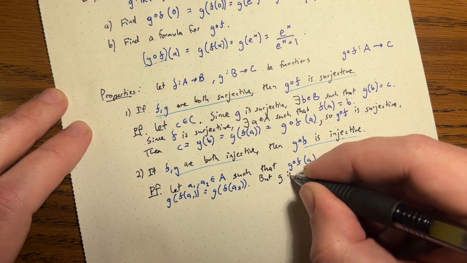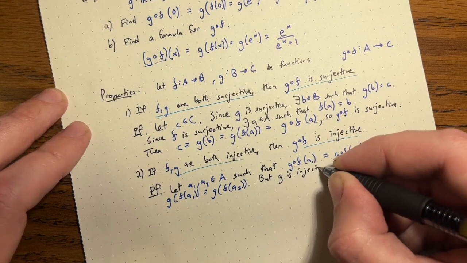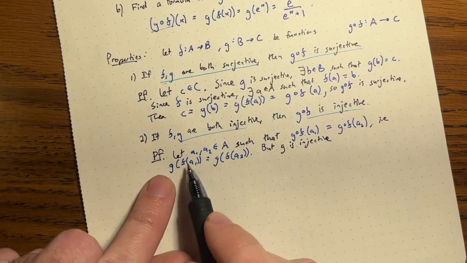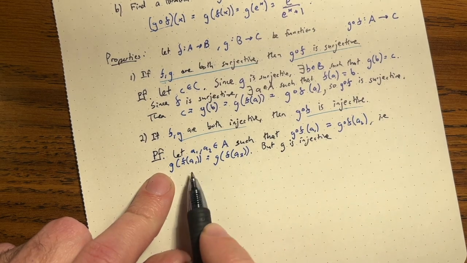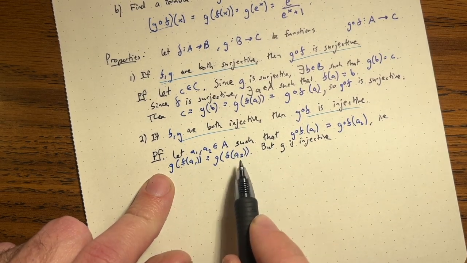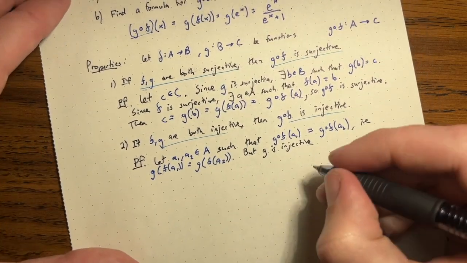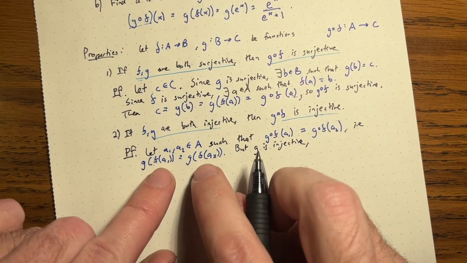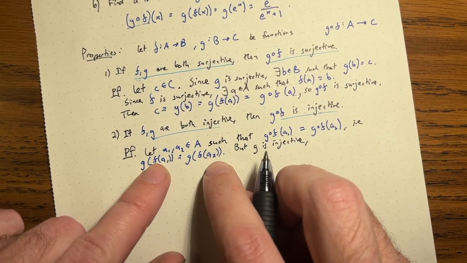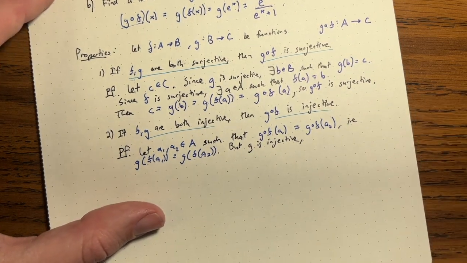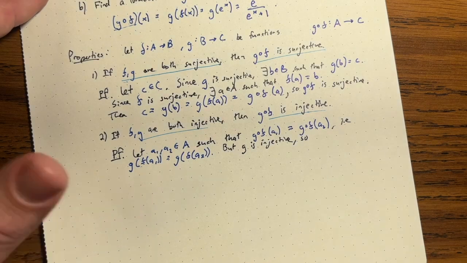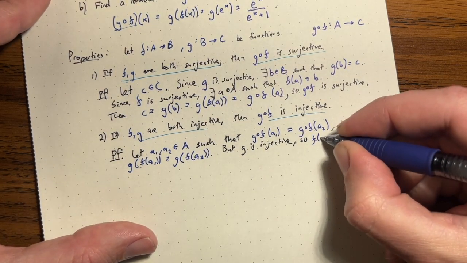So I have G of something equaling G of something else. What does that mean? If G is injective, it means those two things are equal. I have two things mapping to the same thing under G. Those had to be equal. So that shows that F of A1 equals F of A2.